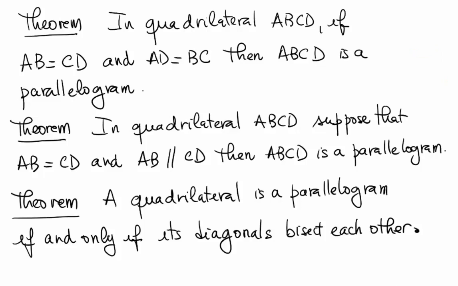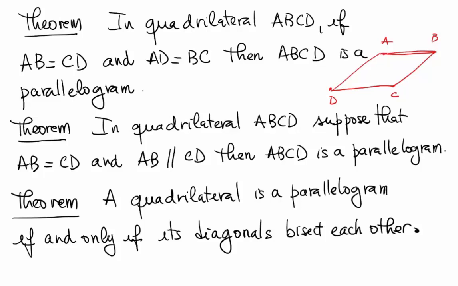So suppose you have A and B here, and you have, let's say, C and D here. And you know that AB is equal to CD, and you also know that AB is parallel to CD. Then you can conclude automatically that the quadrilateral ABCD is indeed a parallelogram.